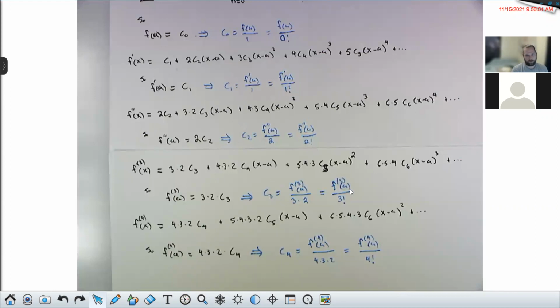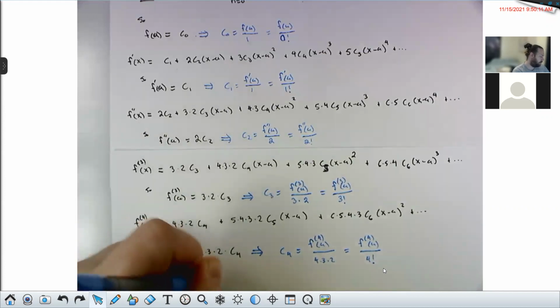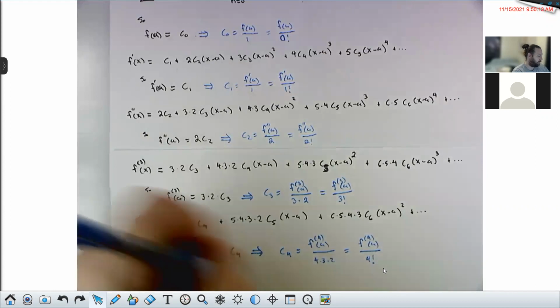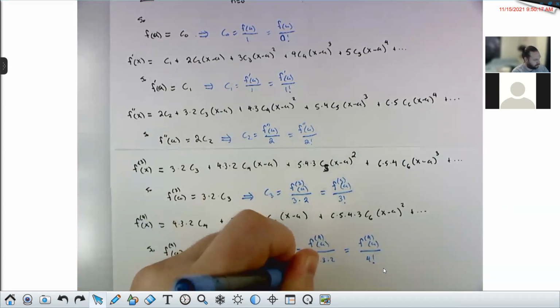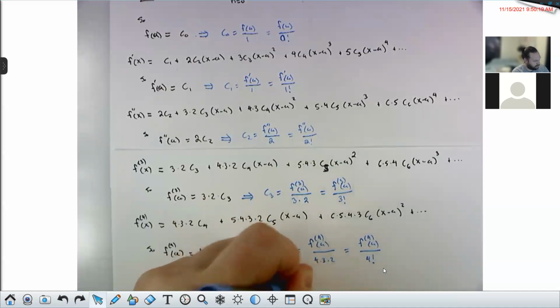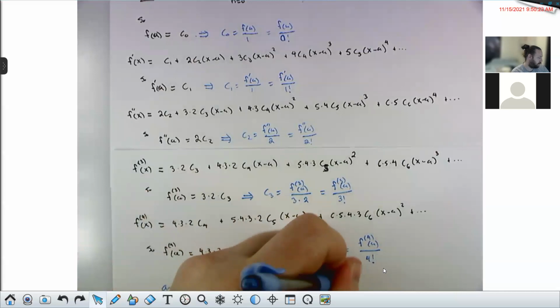C3 is the third derivative at A divided by 3 factorial. C4 is the fourth derivative at A divided by 4 factorial. And in general, Cn would indeed be the nth derivative of F evaluated at A divided by n factorial, as claimed.